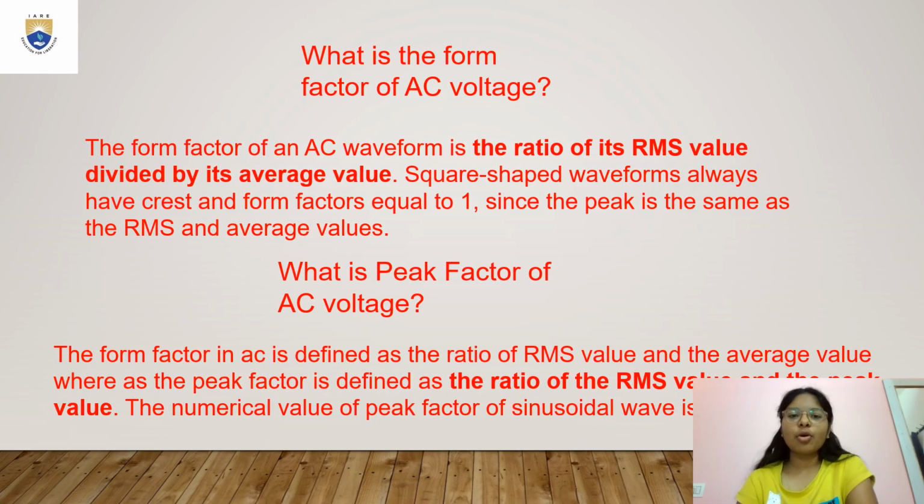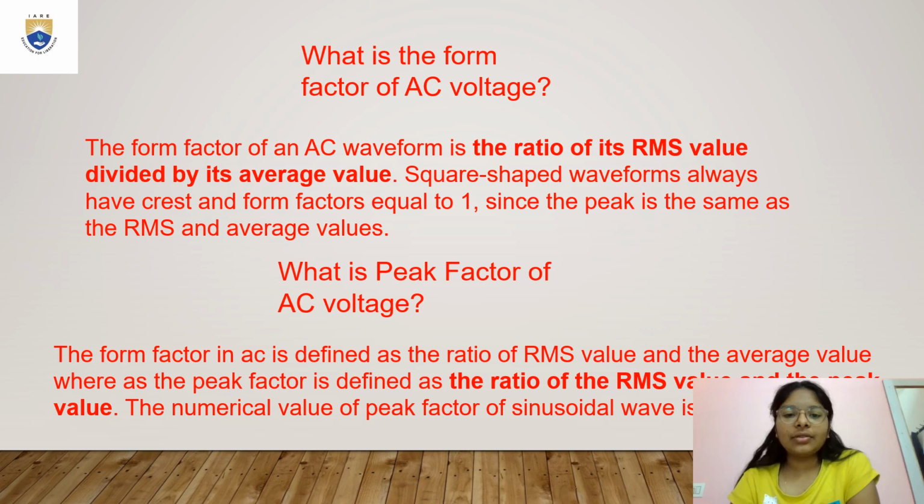Now, what is the form factor of AC voltage? The form factor of an AC waveform is the ratio of its RMS value divided by its average value. Square-shaped waveforms always have crest and form factors equal to 1, since the peak is the same as the RMS and average values.